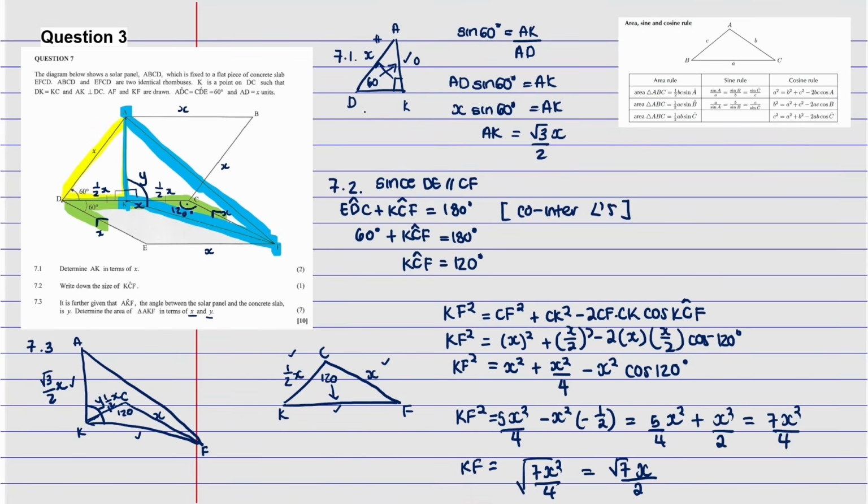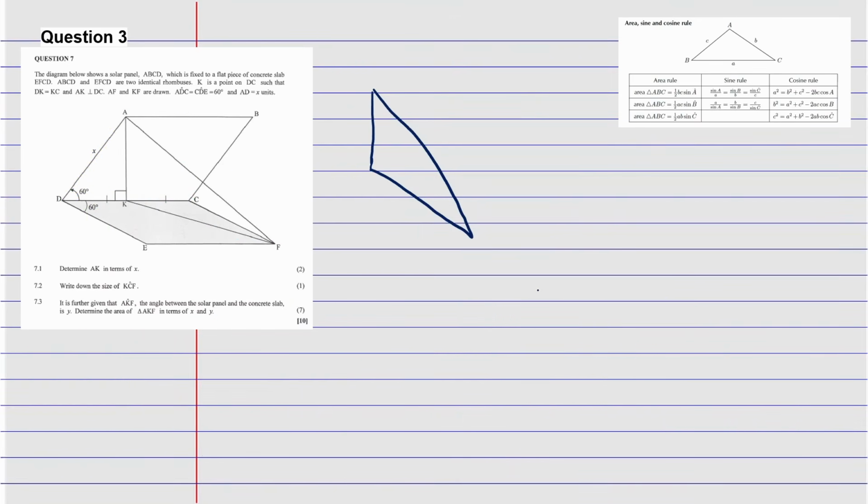So now let's just go to the next page. I'm just going to redraw this diagram. Now having your KF, we know the fact that AK is root 3 X divided by 2, right? So this is AK.